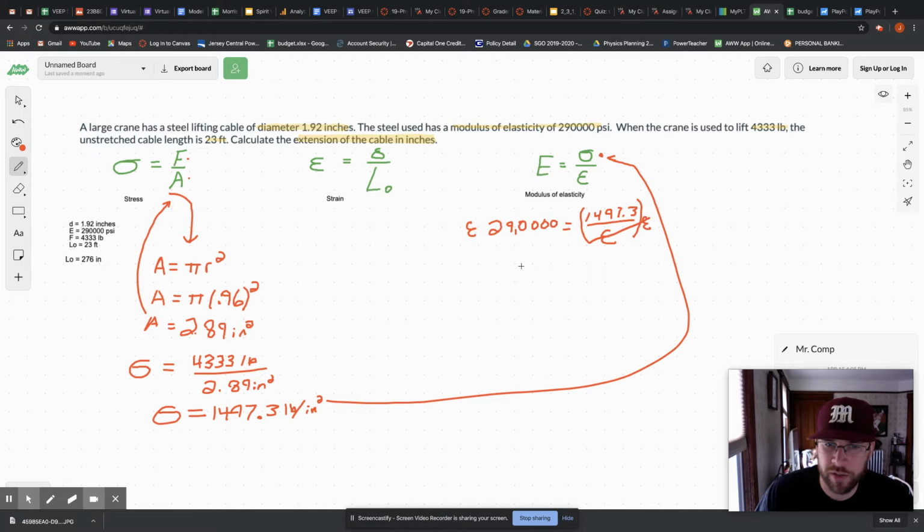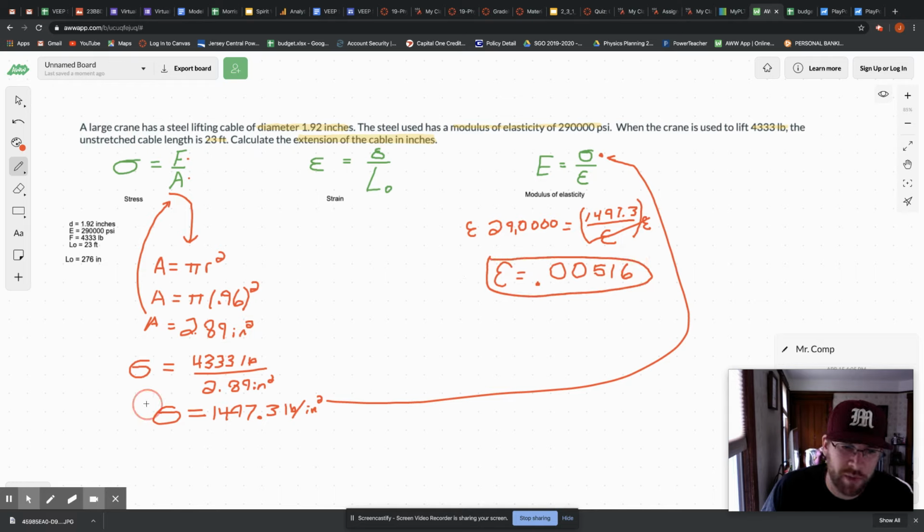So I'm going to do 1497.3 divided by that modulus, and I get a strain that is a pretty small number, 0.00516. That is the strain that I am experiencing.